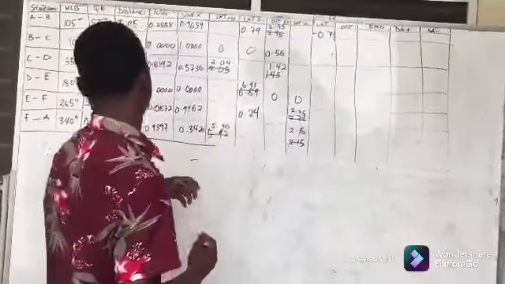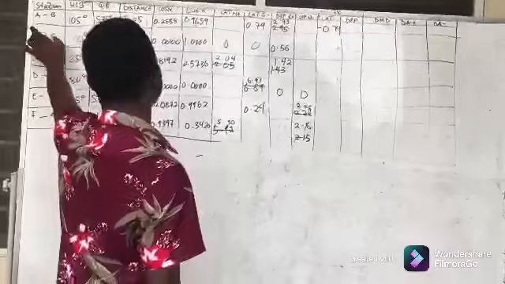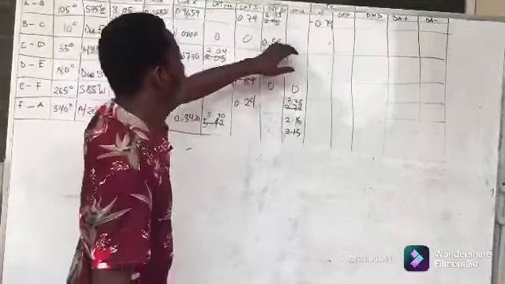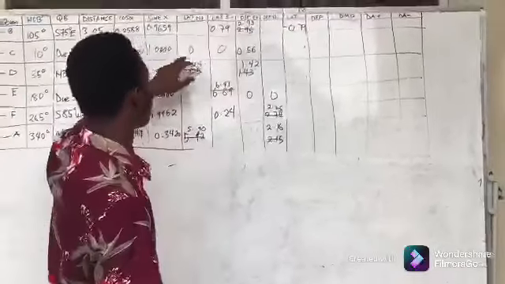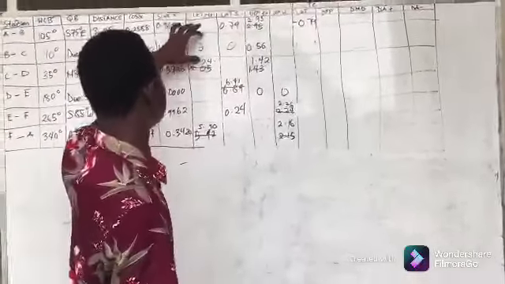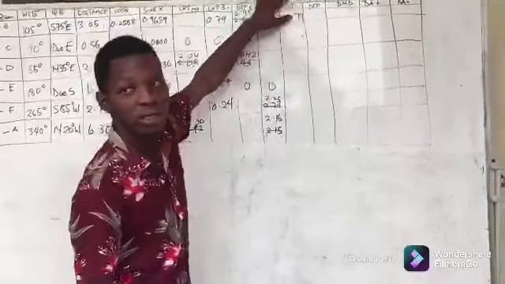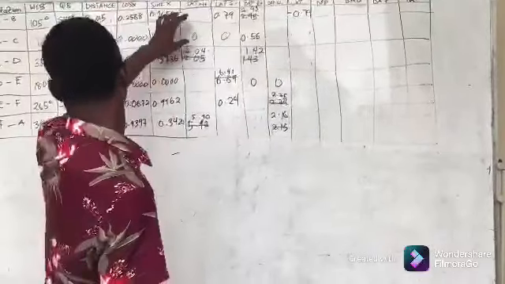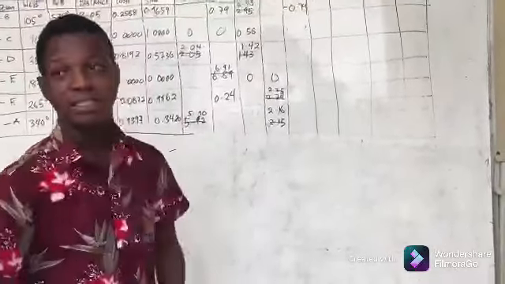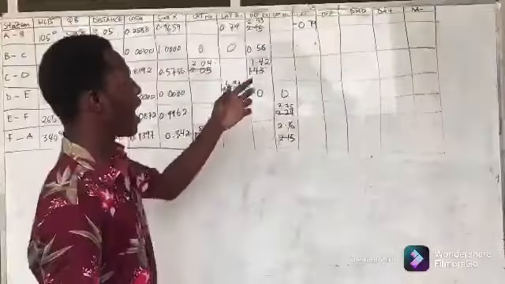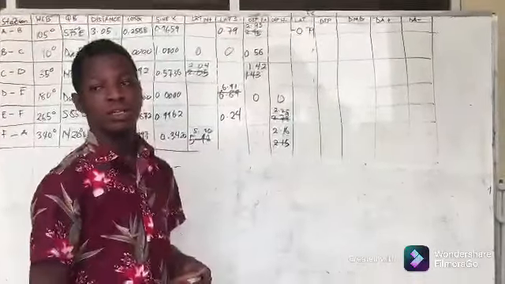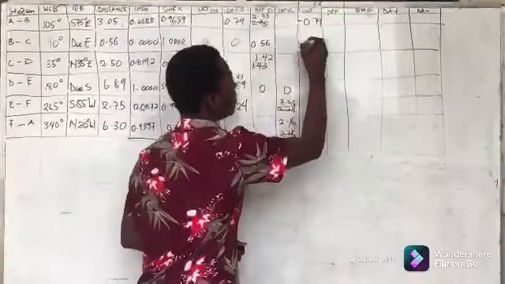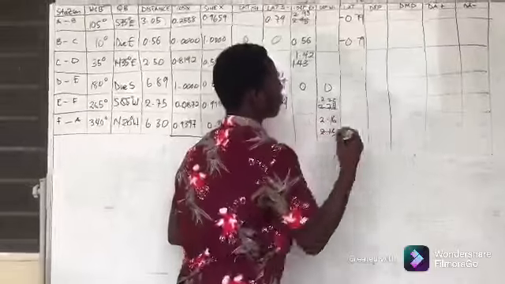Then I have to find the latitude for B and C. To find it, I'll add the value of this latitude to the latitude under the total coordinates. But here under station B and C, it's 0. So when I add 0 to negative 0.79, it will still be the same. So I'll have negative 0.79.